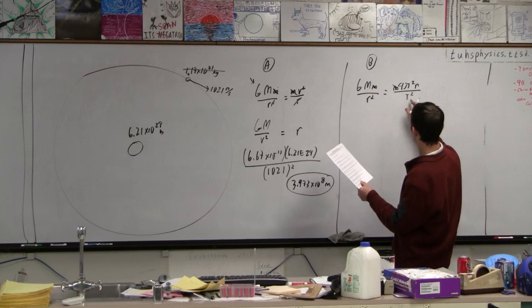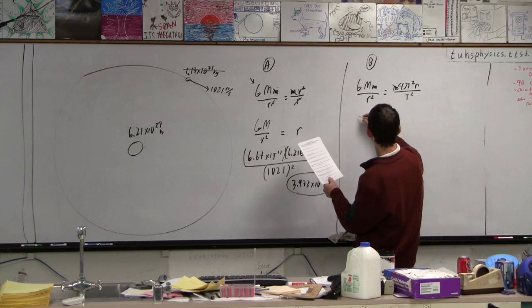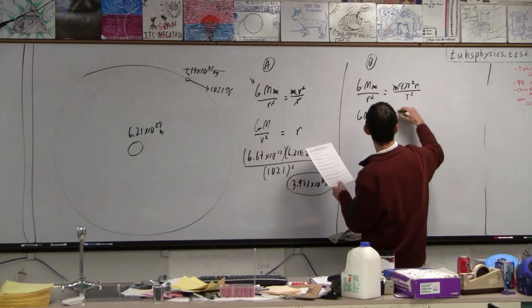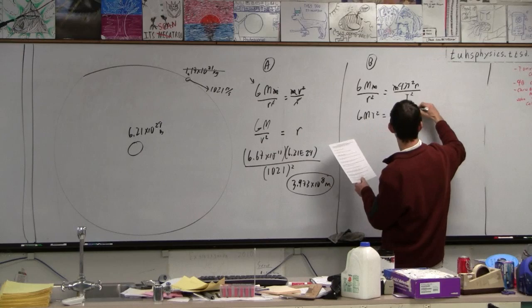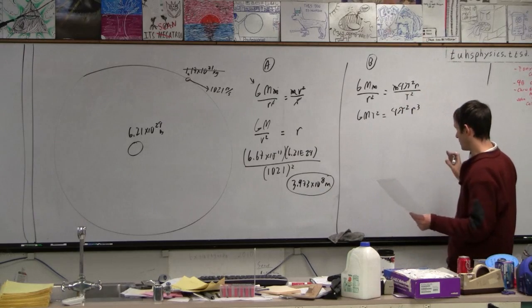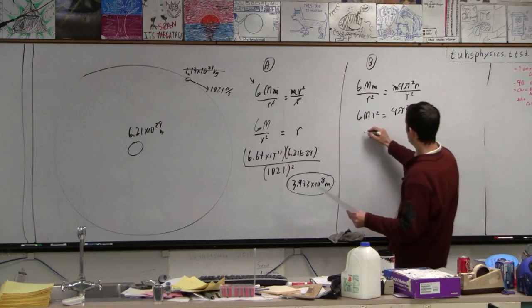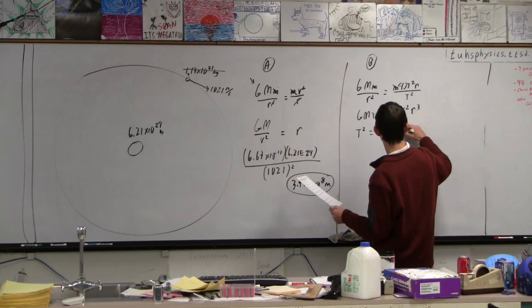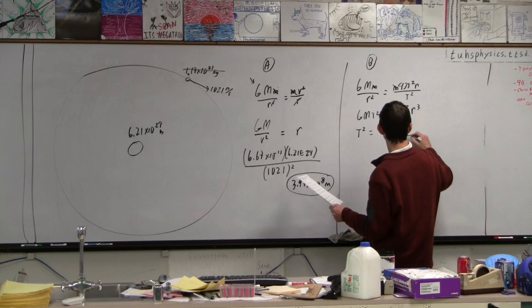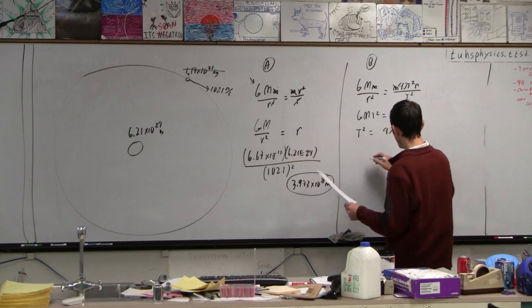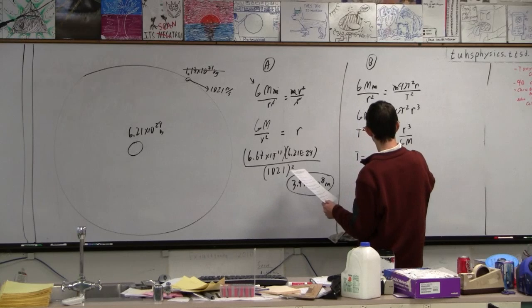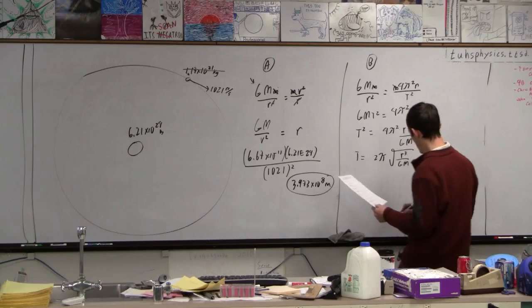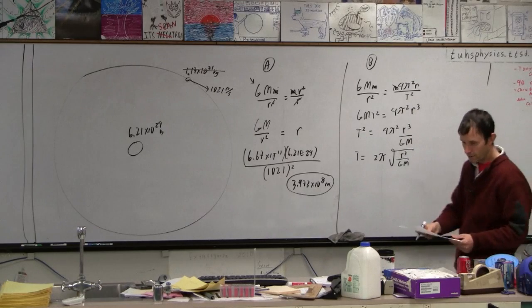And now I'm going to cross multiply. I guess we want to know the period. So if I cross multiply this, I get G M T squared is 4 pi squared r to the third. It doesn't cancel, it multiplies. And then t squared is 4 pi squared r to the third over G M. So t is going to equal 2 pi square root of r to the third over G M because of math.